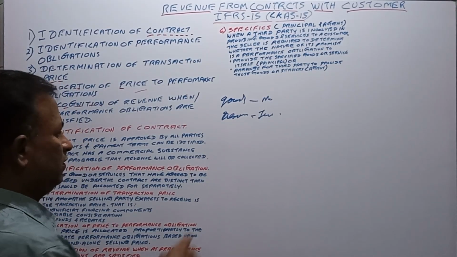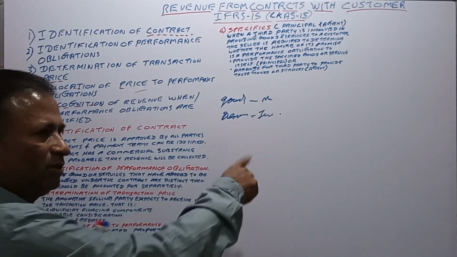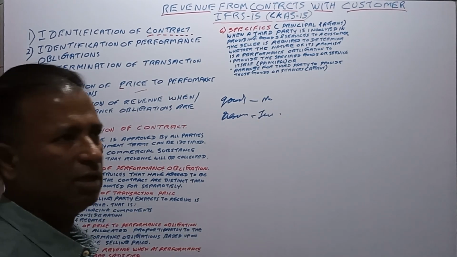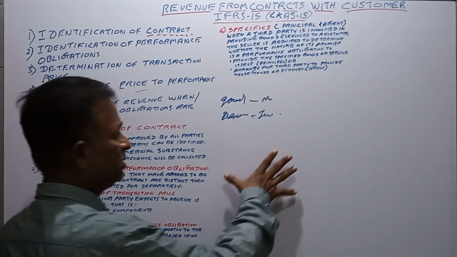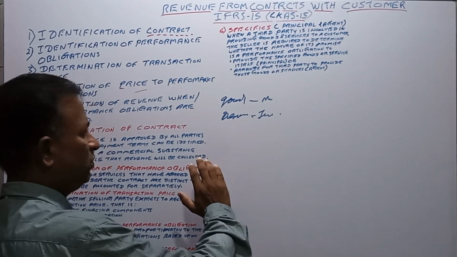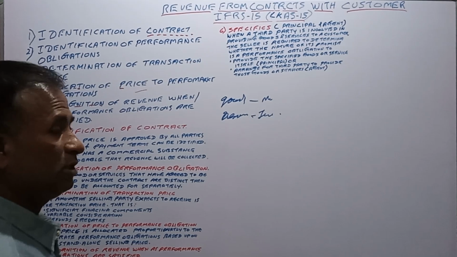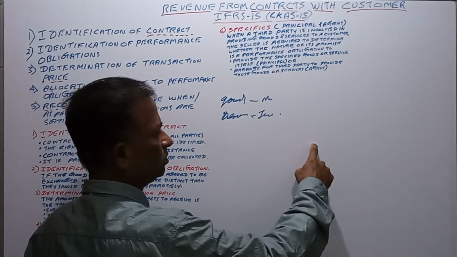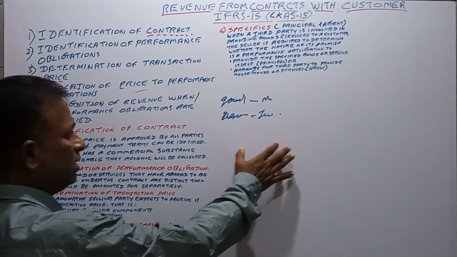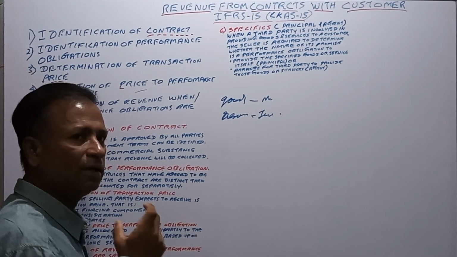That means if the transaction price involves any financing component, that means any interest, a significant financing component in the sense of interest. If you are selling a computer on an installment basis for 2 years, you will charge interest.